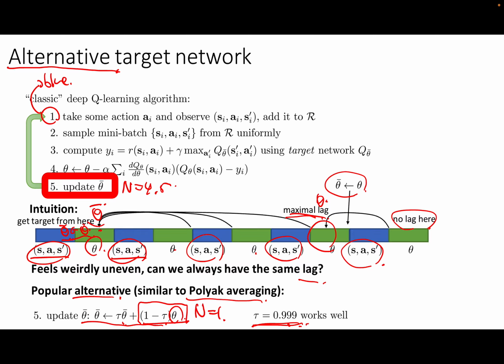Theta bar is here, but theta is here. So there is a big time difference between them at the maximal lag time step. But for every step, we try to preserve theta bar's knowledge while slightly including newly updated knowledge from theta by setting tau equals to 0.999. This is Polyak averaging.